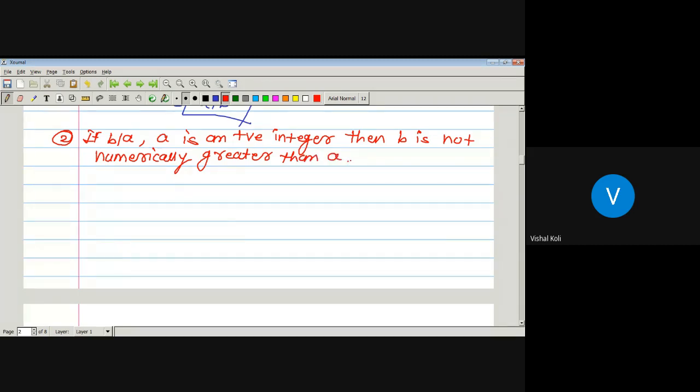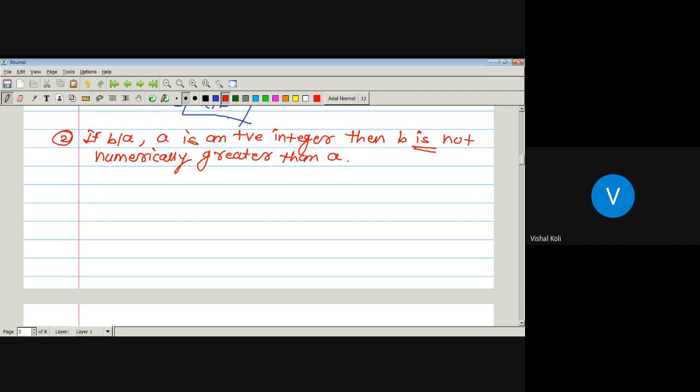Here we have been given one integer a which is a positive integer, and there is no restriction on integer b. But we have to prove that whenever b divides a and a is a positive integer, then b is not numerically greater than a. It means the modulus value of b is not greater than the modulus value of a.